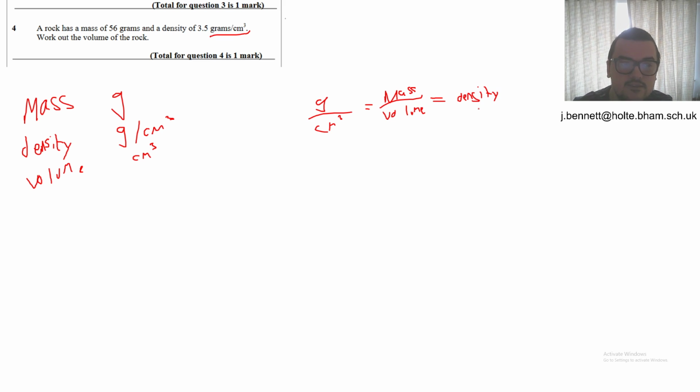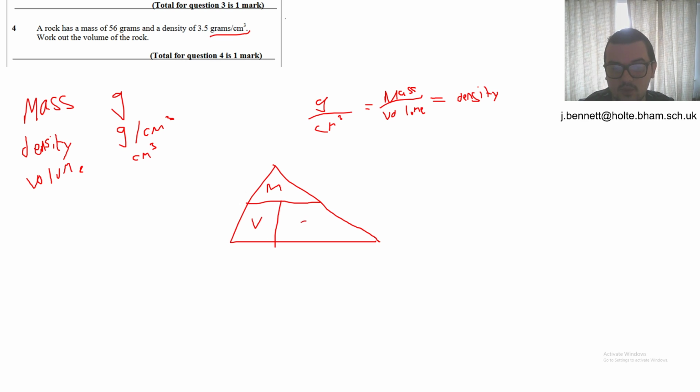You can use the information in each part of the question, like grams over centimeters cubed, to formulate your own equation. So we can make our triangle here. Mass is at the top. So we have mass, we have volume, we have density. We're looking for volume, so we're going to do mass divided by density.